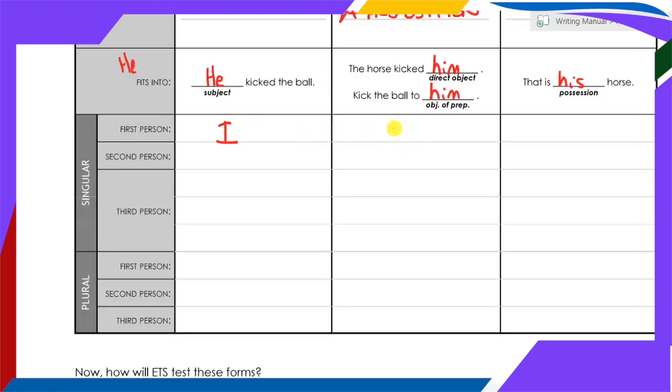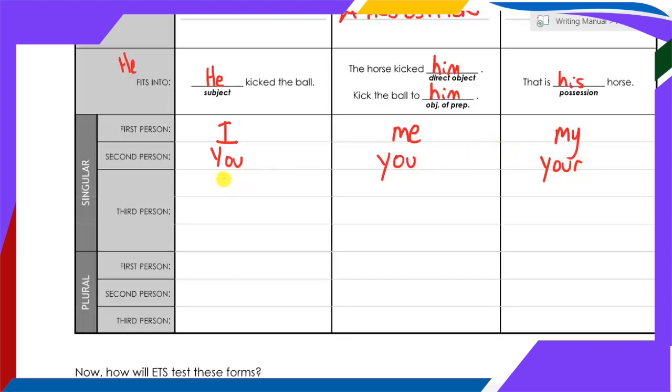The first person singular object pronoun would be me. The horse kicked me, kicked the ball to me. That is my horse. Don't touch it. It's mine. Second person singular subject pronoun would be you, and the you stays the same in the object form. The horse kicked you, kicked the ball to you. And then in the possessive form, we have that is your horse.